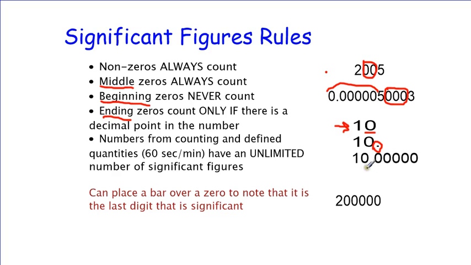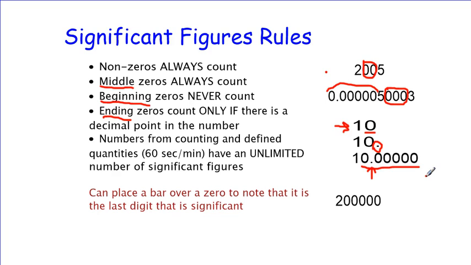Down at the bottom, I have 10.00000. All of those zeros are ending zeros, and there is a decimal point in the number. That means that all of those ending zeros are significant. When you're recording numbers, in math, 10 and 10 with a decimal point are the same thing.